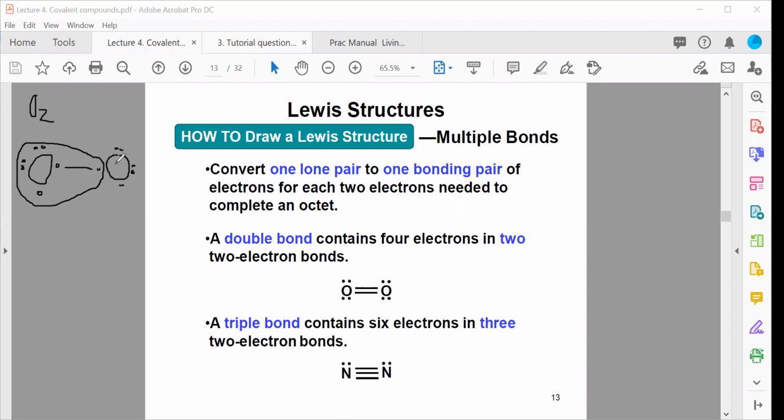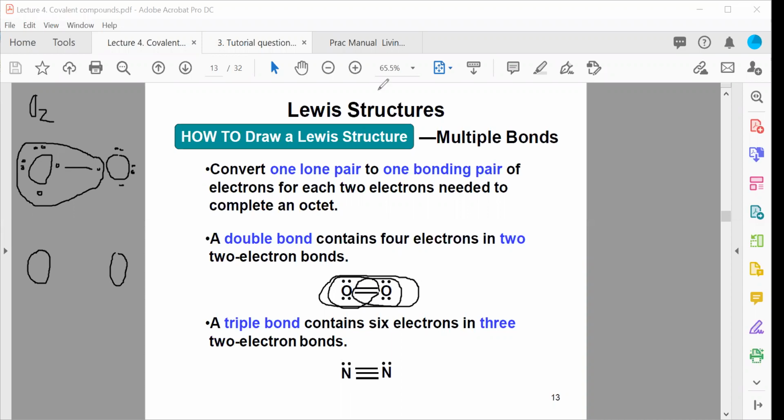And the same thing for this oxygen here. If we do this, now you can see that each oxygen, let's look at this one, 2, 4, 6, 8. So now we have an octet for that oxygen, and the same applies for this oxygen on the right.